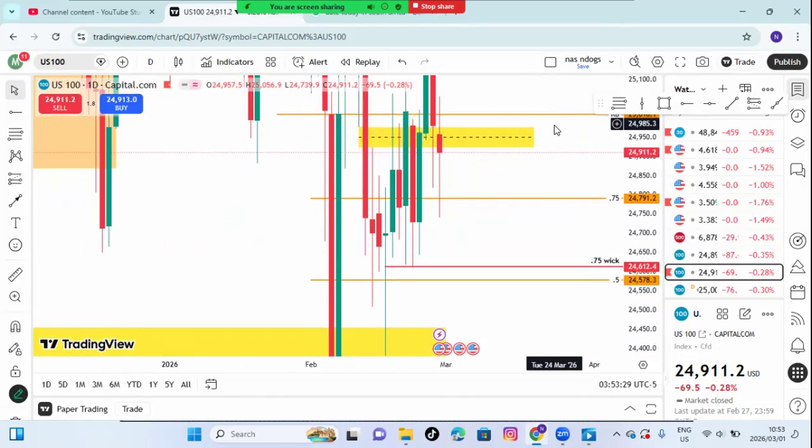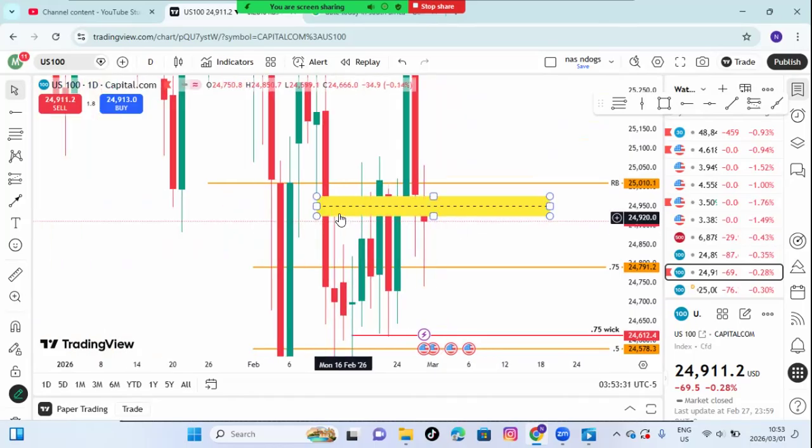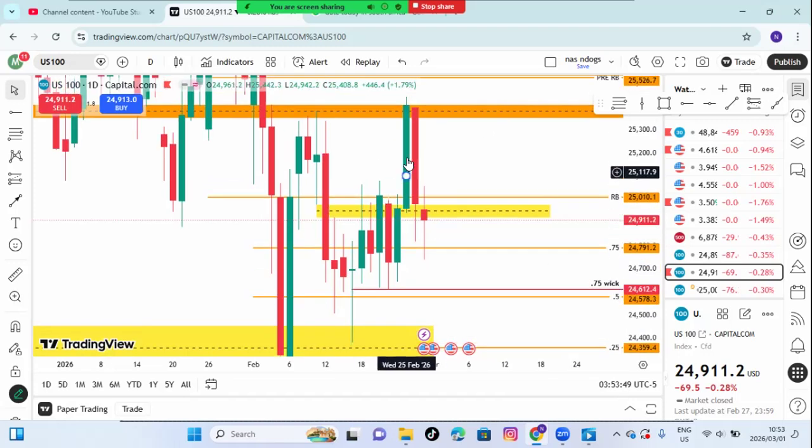So on Friday, here we had this fair value gap from last week, or the week before, might be the week before. But in any case, last week it was used here. Then we went above it, right? We went above it, went above it. Now we're here, right here on this fair value gap, which is like from there, right?